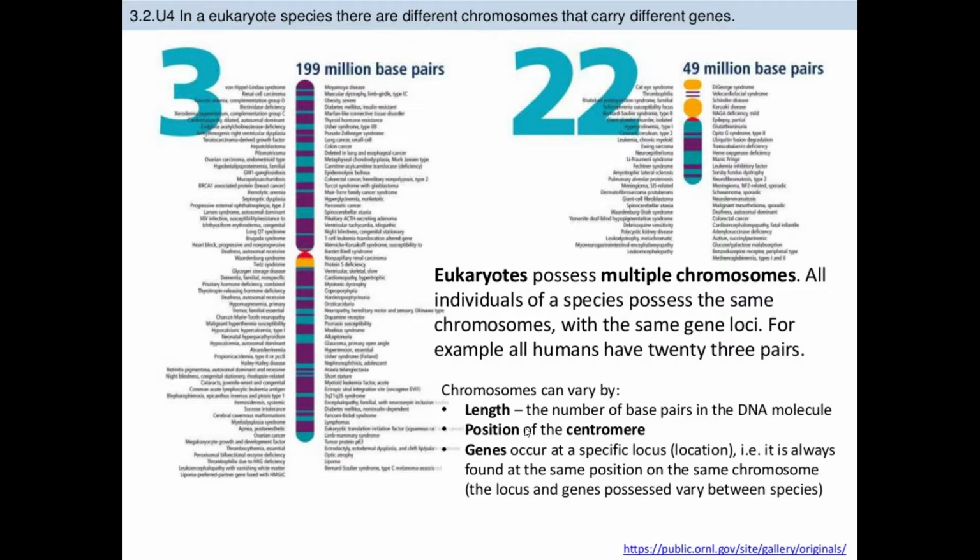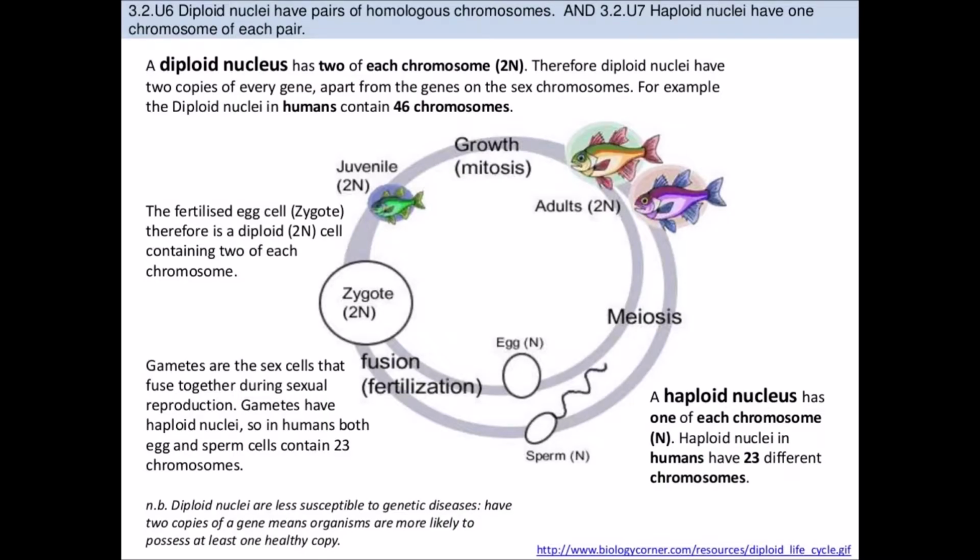These chromosomes can vary by length, position of the centromere, and genes at their different locuses. A diploid nucleus has 2 of each chromosome, while a haploid nucleus has 1 of each chromosome.